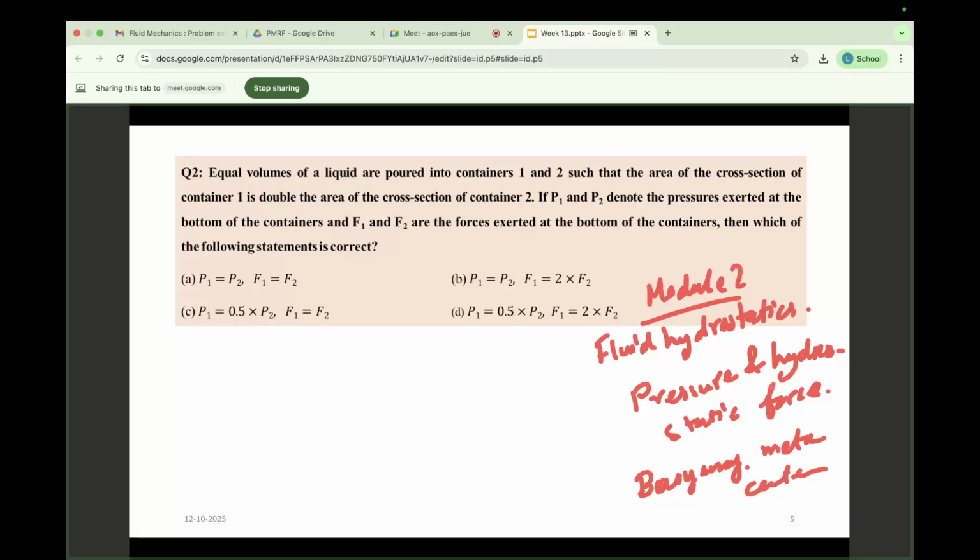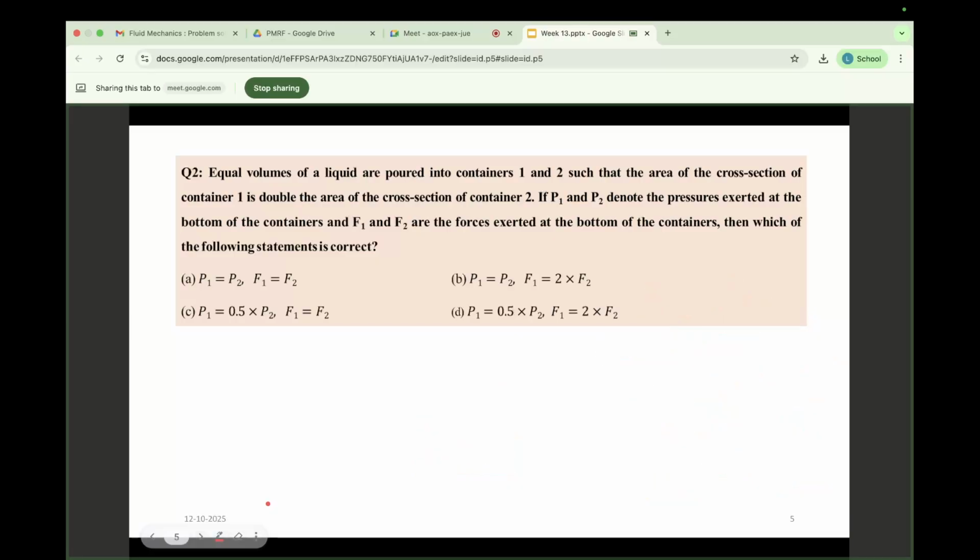If you take any point in a fluid, whatever the pressure at that point, all points on the horizontal line should have the same pressure. That is the fundamental taught in Pascal's law. Those are the important basics. Apart from this, there are many things we have studied, but these are some of the important points which I feel need to be recapped.